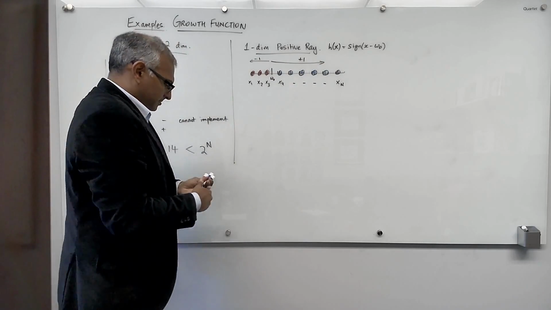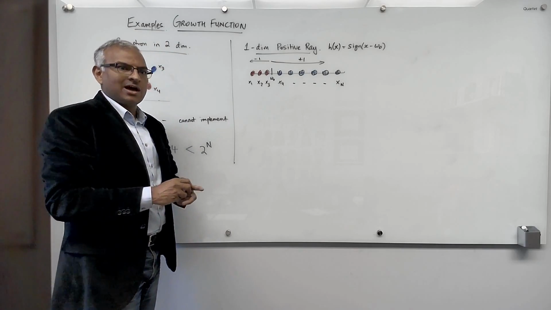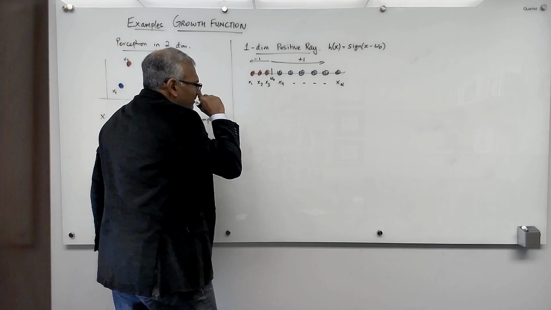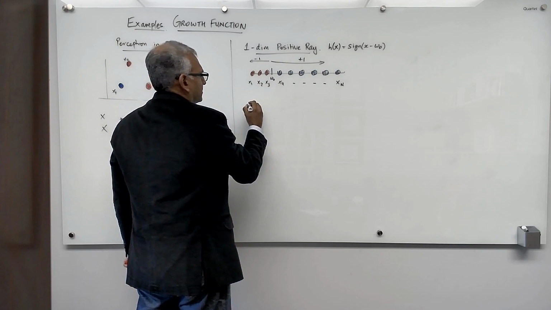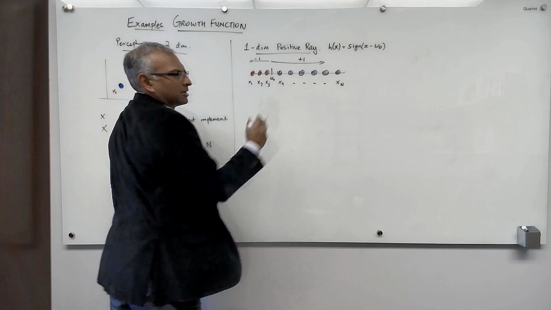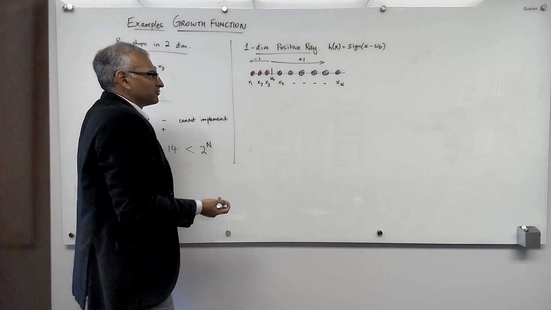So in this case, we can explicitly count the number of dichotomies that can be implemented, and you cannot get a better arrangement of points to increase that number of dichotomies.